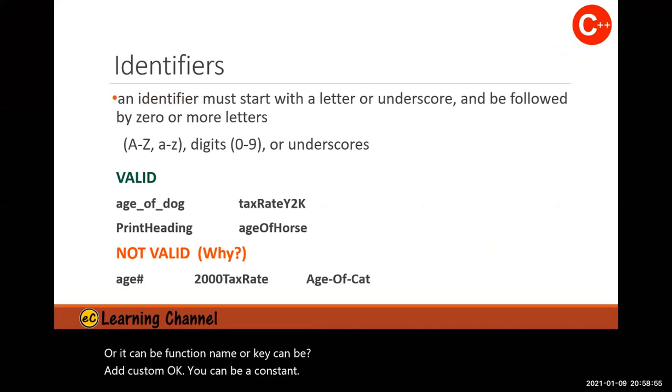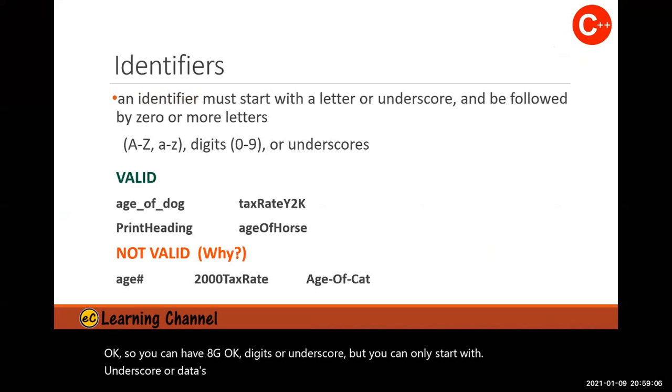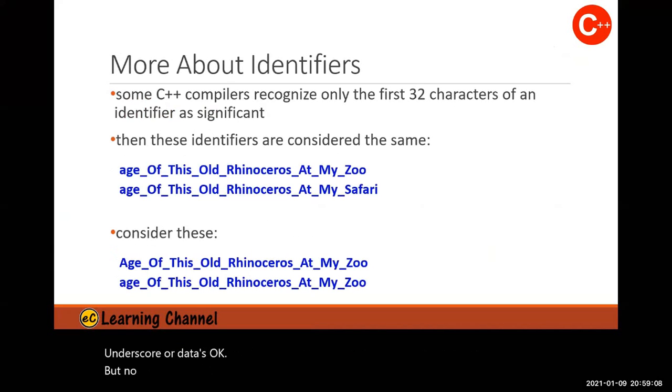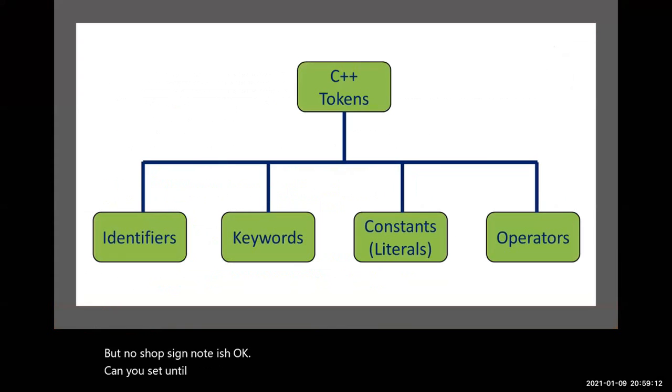You can have A to Z, digits or underscore, but you can only start with an underscore or a letter. No sharp sign, no dash. These are the identifiers. So we have C++ tokens. A token is a word in the C++ language.